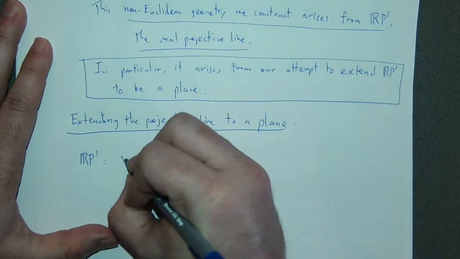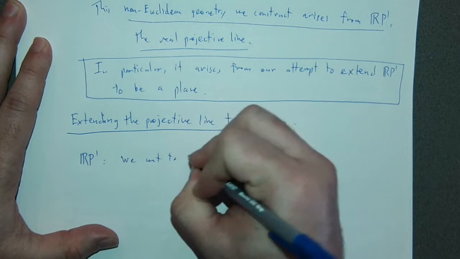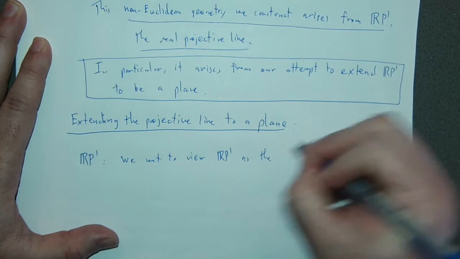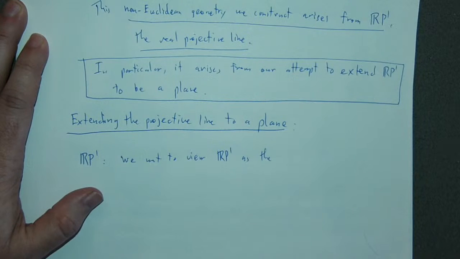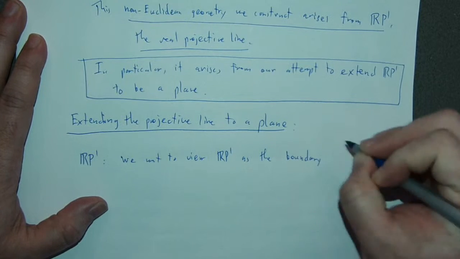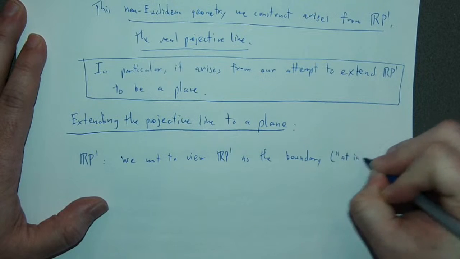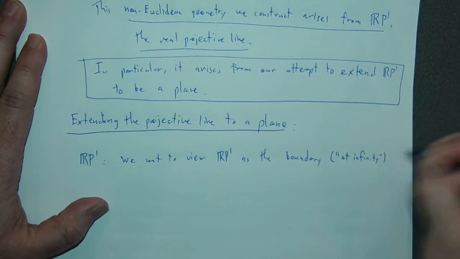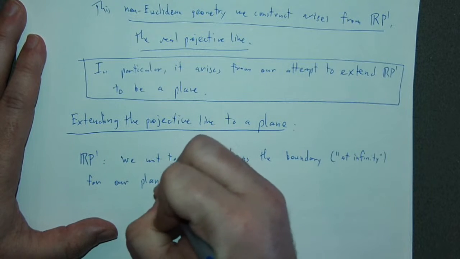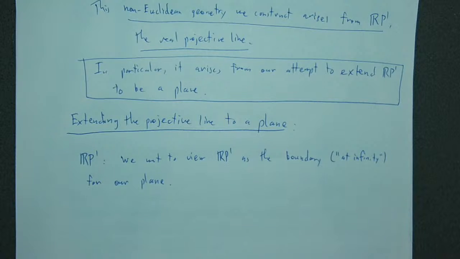Well, we want to view RP1 as the boundary at infinity, or the line at infinity, for some plane. Okay. So we want to view RP1 as the boundary at infinity for our plane that we're constructing. Okay, and I'll draw pictures of how we're going to do this.